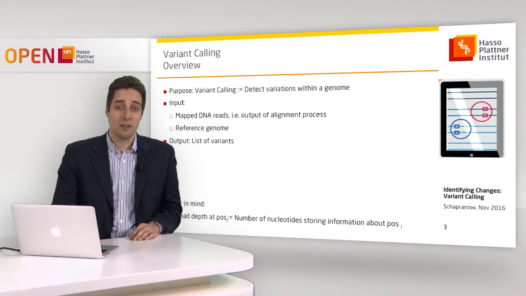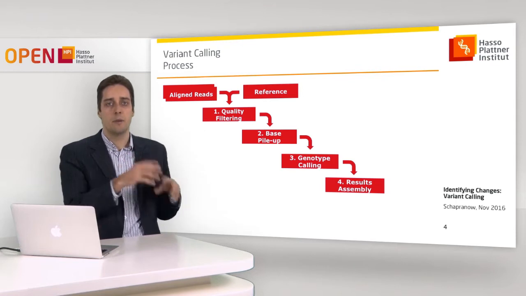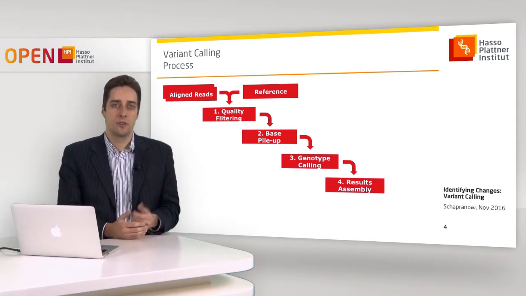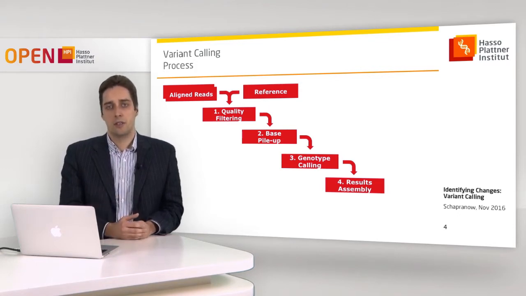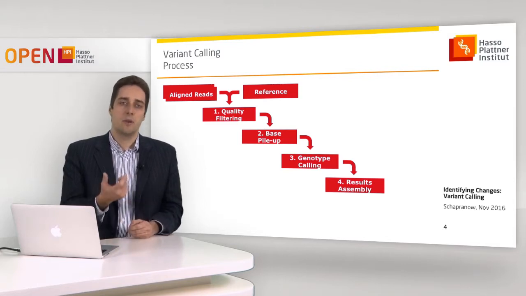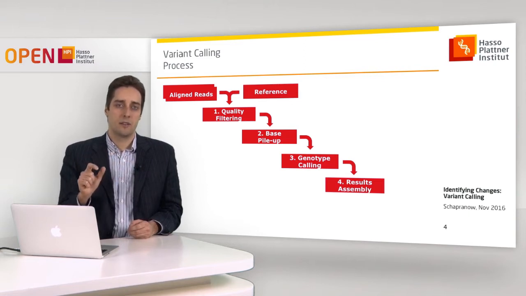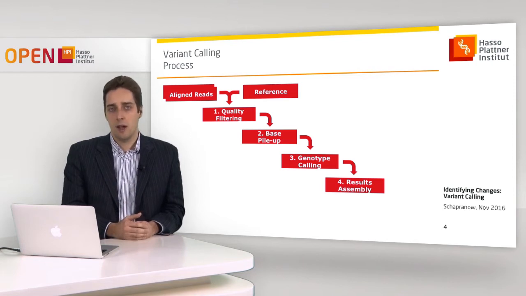So how does this variant calling phase look like? First of all, you get the aligned reads, multiple of them, and the reference genome, and put them into the following phases. First, you will do quality filtering. Of course, we have talked about the output of the alignment and the sequencing phase. They will still carry the information how good or bad a certain region or a certain base was read. This is information which is directly taken from the sequencing device.